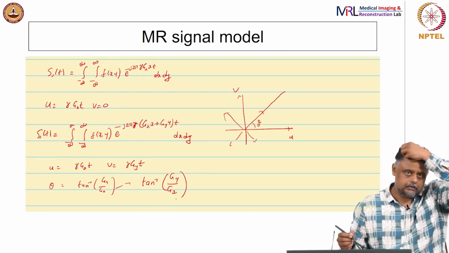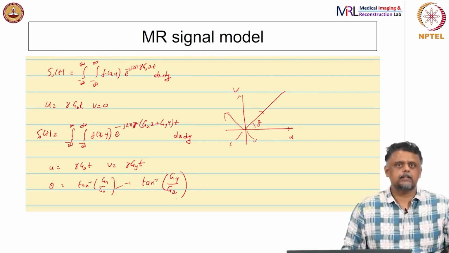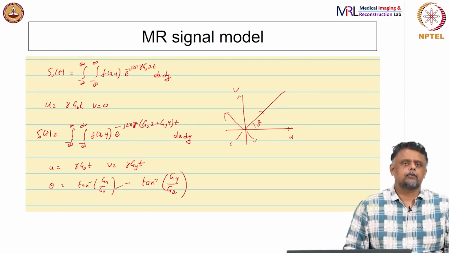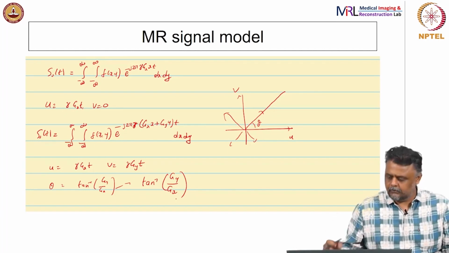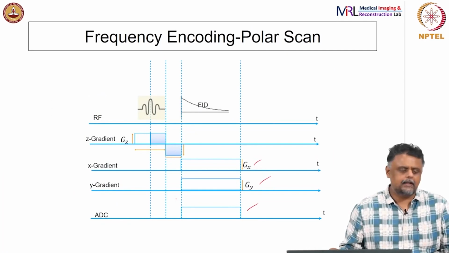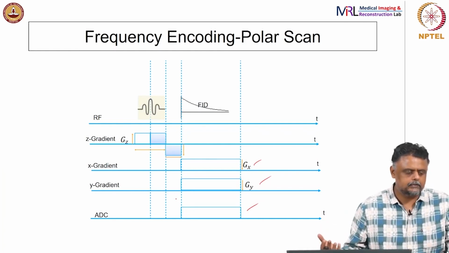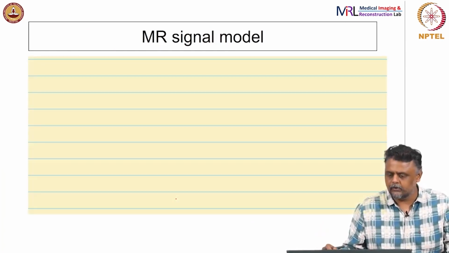So, by changing Gy and Gx, you can get different angles, and then of course, you sample along that direction. So, that gives you the K space trajectory. Okay. So, this is for a polar scan, this is just for the concept, right. There are different ways of traversing K space.